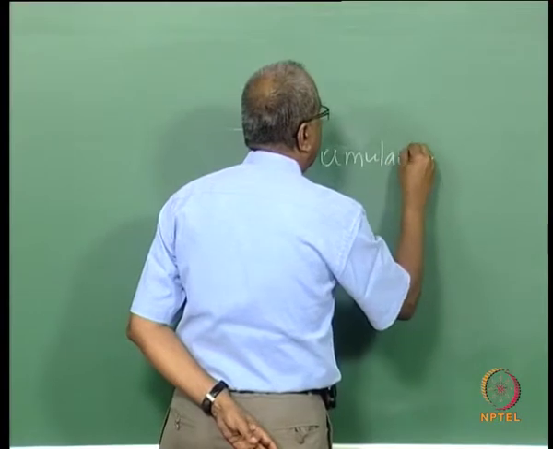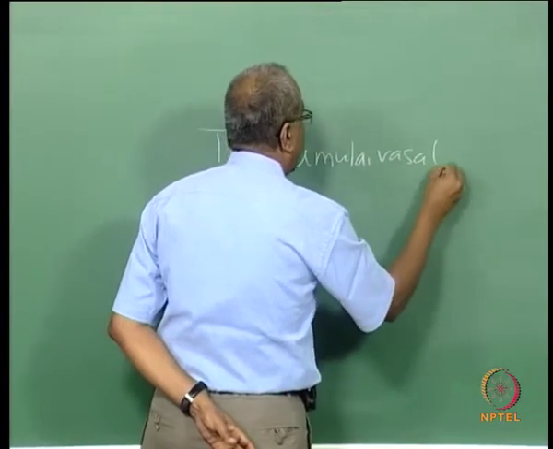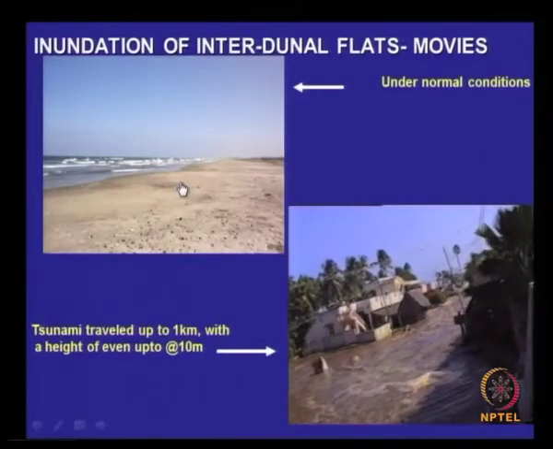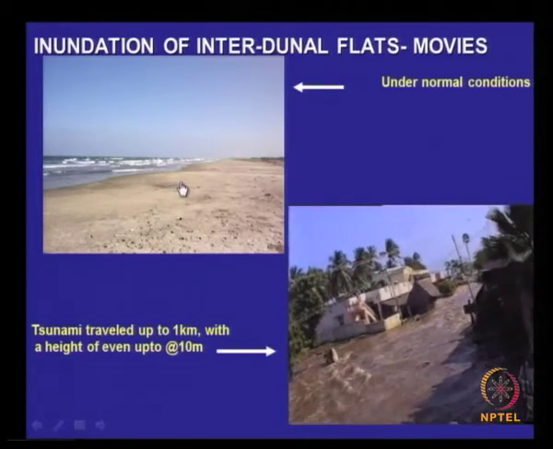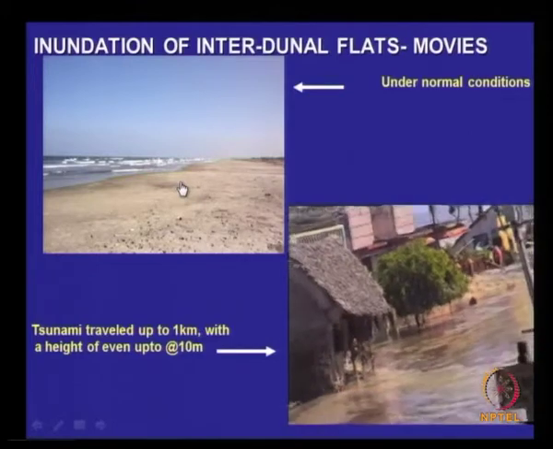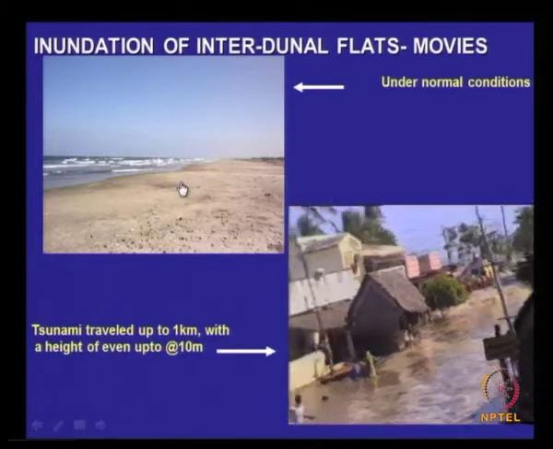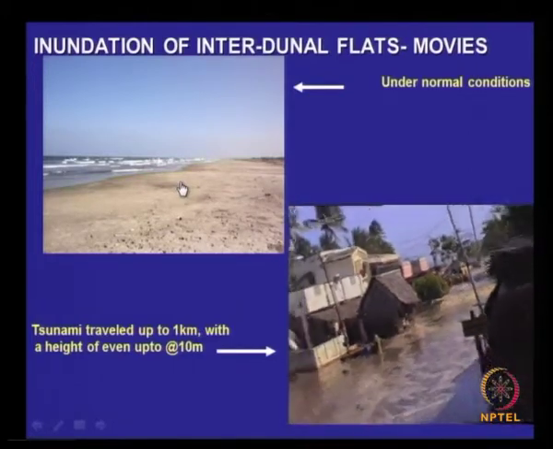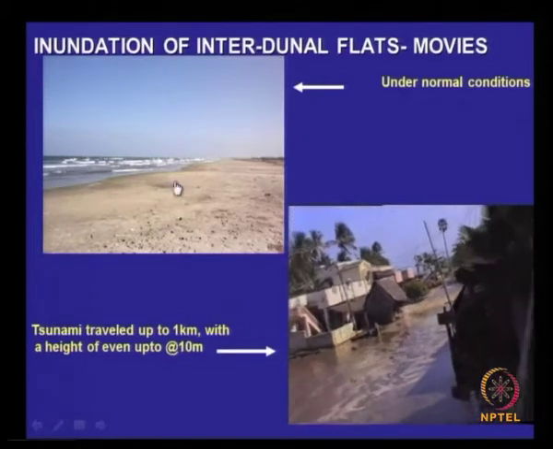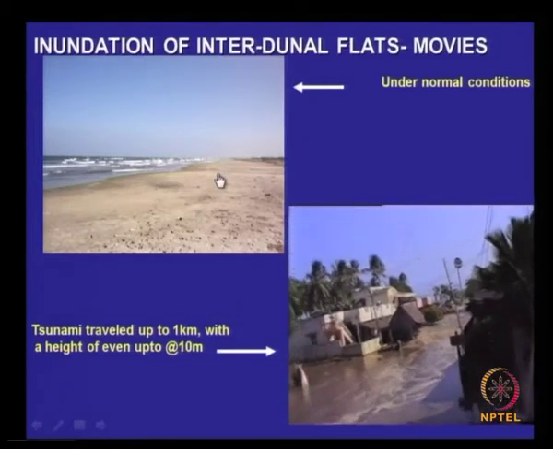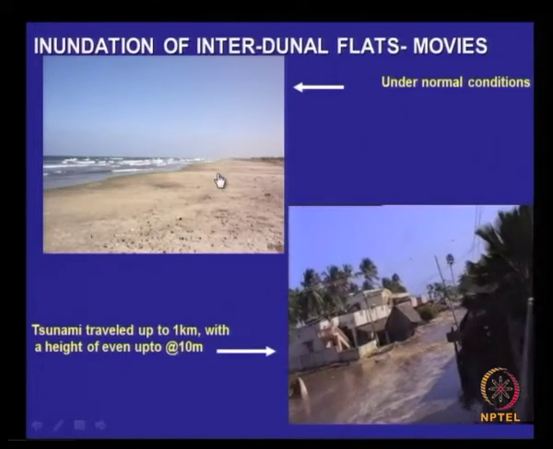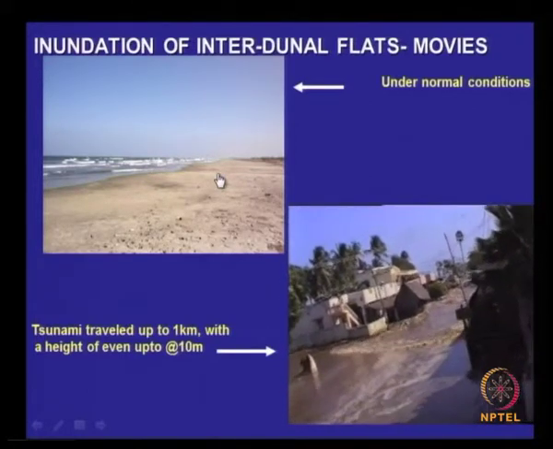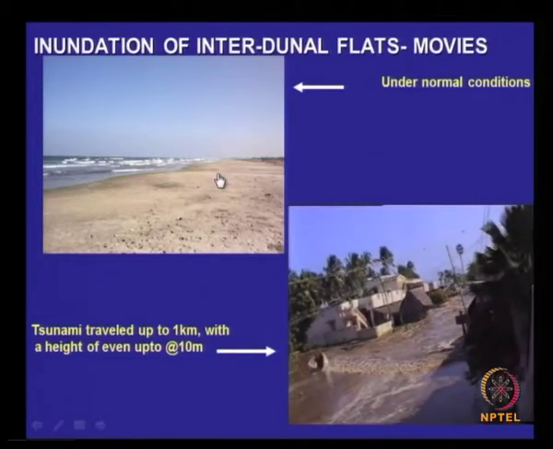Look at the road, there were a lot of casualties in this location, and it has never occurred like this, never in history. Because flat beaches are very dangerous locations as far as tsunami is concerned, you need to safeguard all those areas.